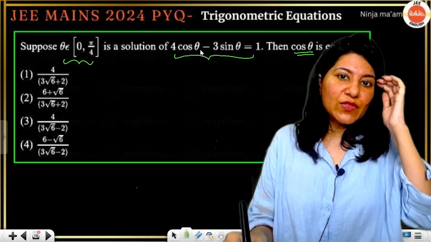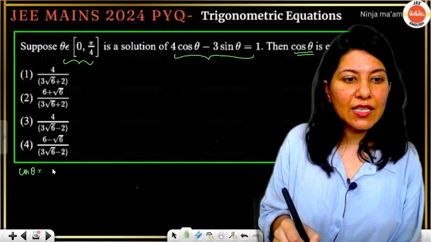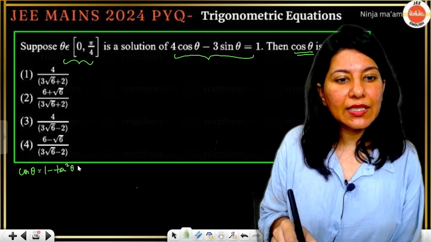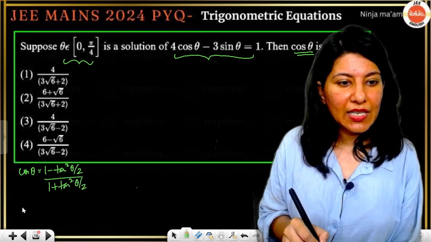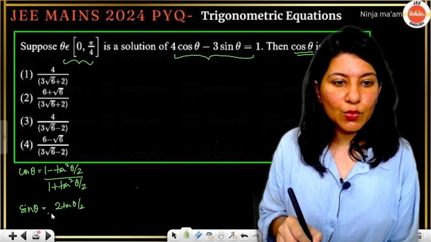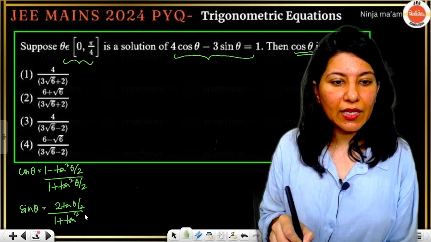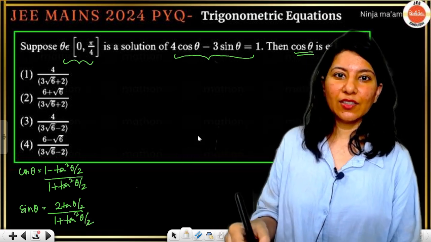So one thing which we can do is we can convert cos and sine by using this formula. So cos theta is (1 minus tan square theta by 2) whole upon (1 plus tan square theta by 2). Sine theta will be 2 tan theta by 2 upon (1 plus tan square theta by 2). Okay, all right.